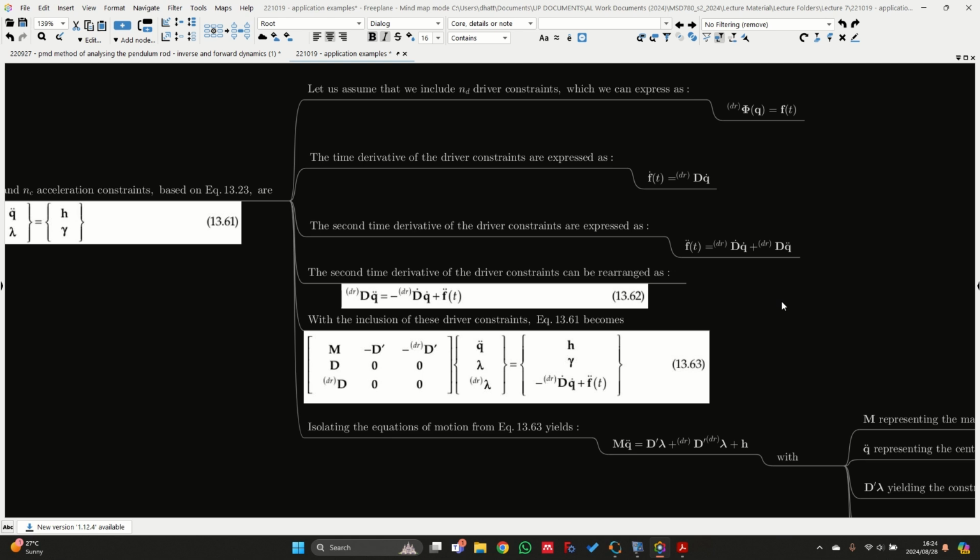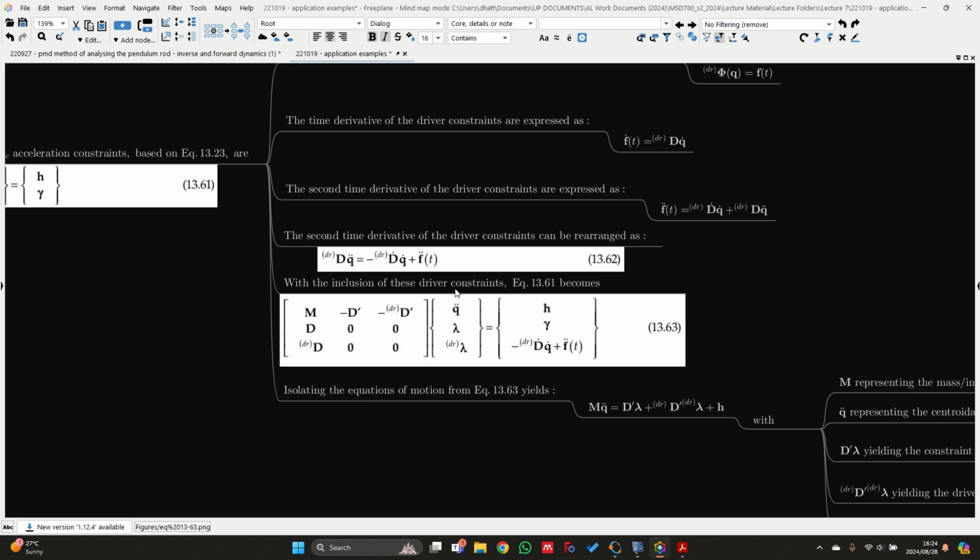The second time derivative of the driver constraints can then be rearranged in equation 13.62 in this form. With the inclusion of these driver constraints, equation 13.61 then becomes equation 13.63. What you'll notice is that we basically just appended the driver Jacobian matrix to the existing Jacobian, or the existing matrix that we had here.